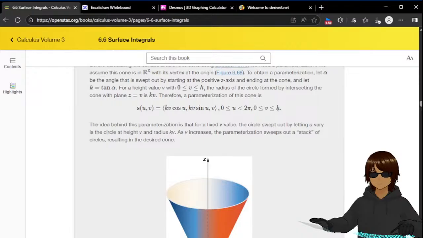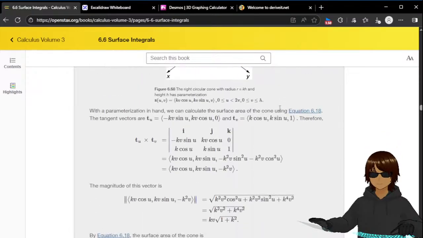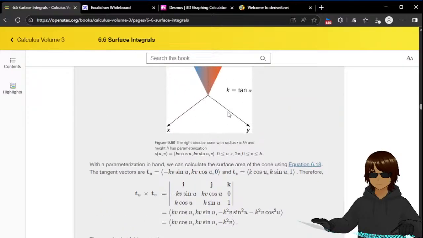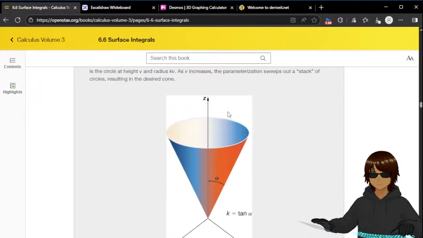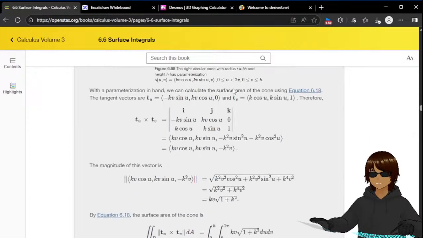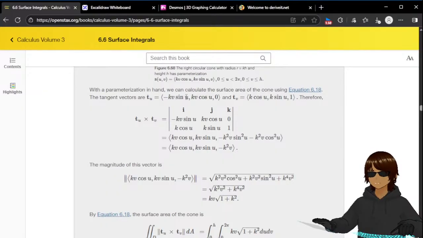Then V varies from 0 to h. Oh, the derivative. Yes, yes. If we take the derivative of each side with respect to u, we get 0, and with respect to v, we get 1. Yes, yes, yes. I got confused. The derivative with respect to u, derivative with respect to v.